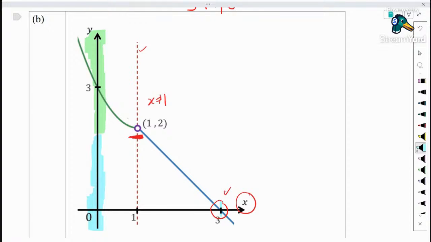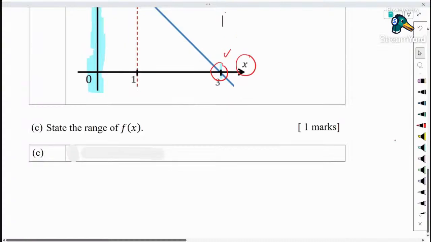At the point where the green and the blue shading meet, where y equals to 2, you find out that it is not included in our graph because there's a hole there. So your answer for the range of f is negative infinity to infinity, but excluding 2. There goes the answer.